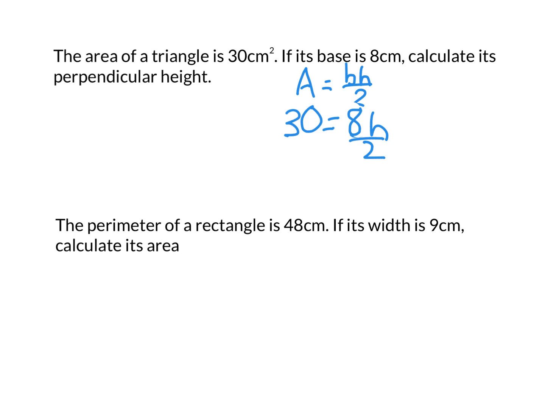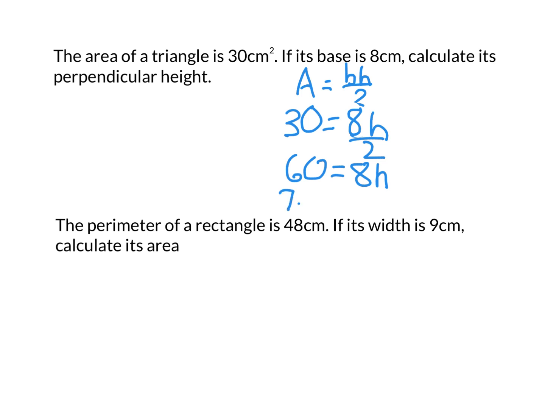So I just solve that like we've been solving equations all year. I want to find H. I want to get H by itself. So let's undo what's been done to H. I'm going to undo dividing by 2 by timesing each side by 2. So I get 60 equals 8H. Remember, 8H means 8 times H. The way I undo timesing by 8 is dividing by 8.